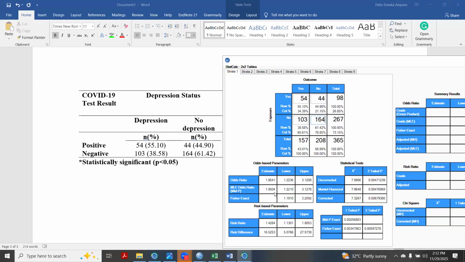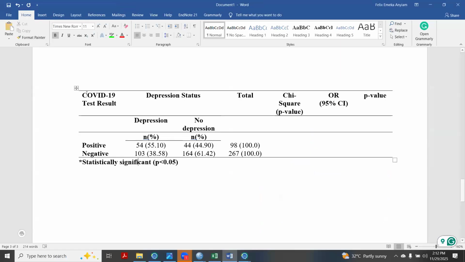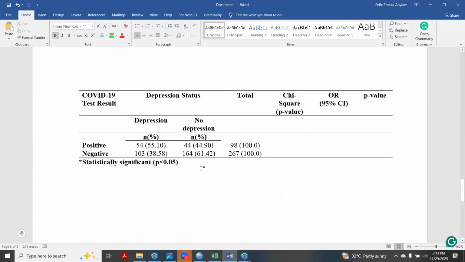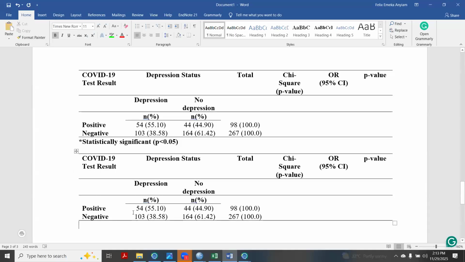What if we switch this the other way around so that we'll be able to see that the COVID-19 test result is beneficial? So what if we switch this? Let me replicate this. Let me bring this down. I hope you are following me now, to show you that odds can also have a beneficial effect. So let me bring the negative.